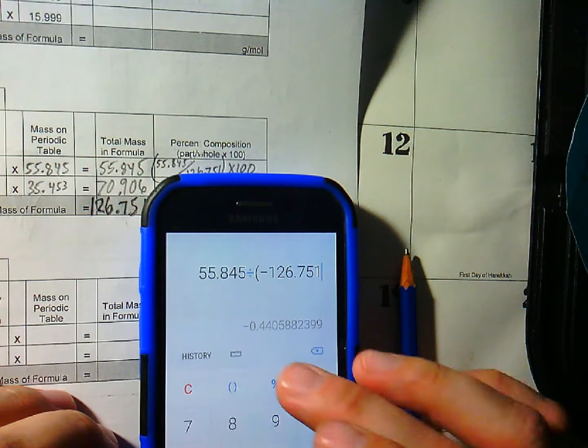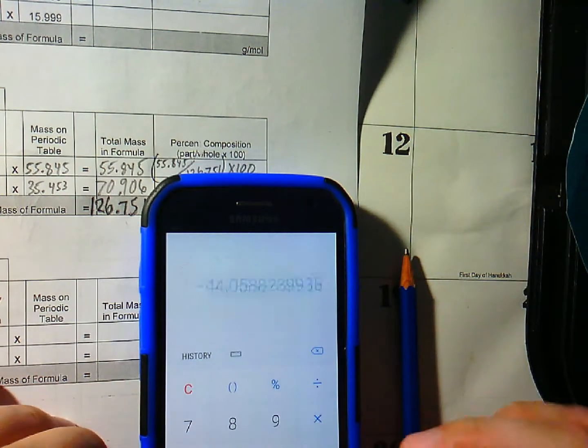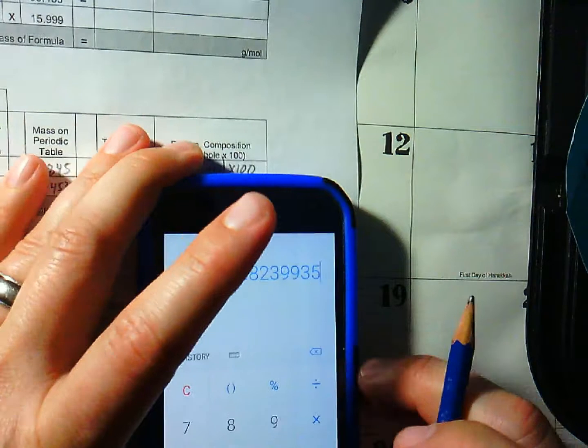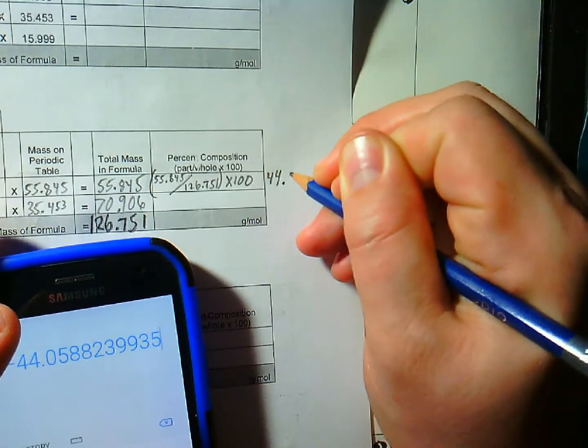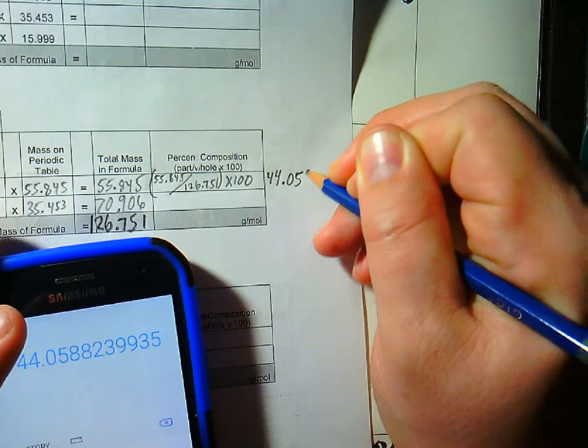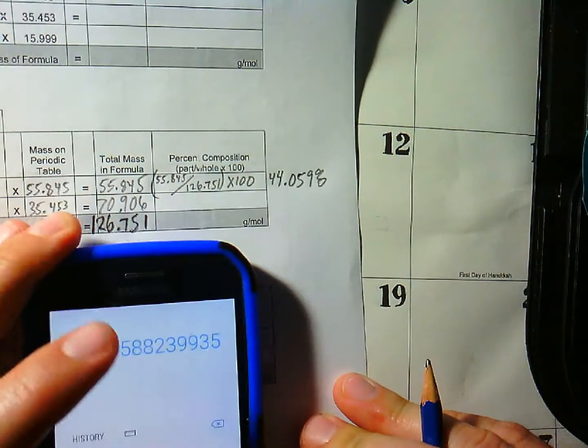And then remember, times 100. There's not going to be a negative number. Your answer will be 44.059%. So remember, anything times 100 is always a percent.